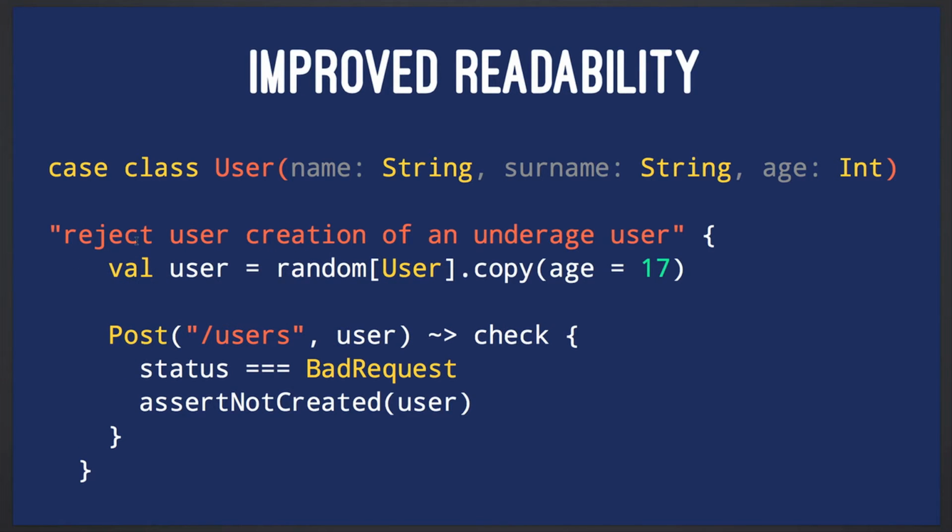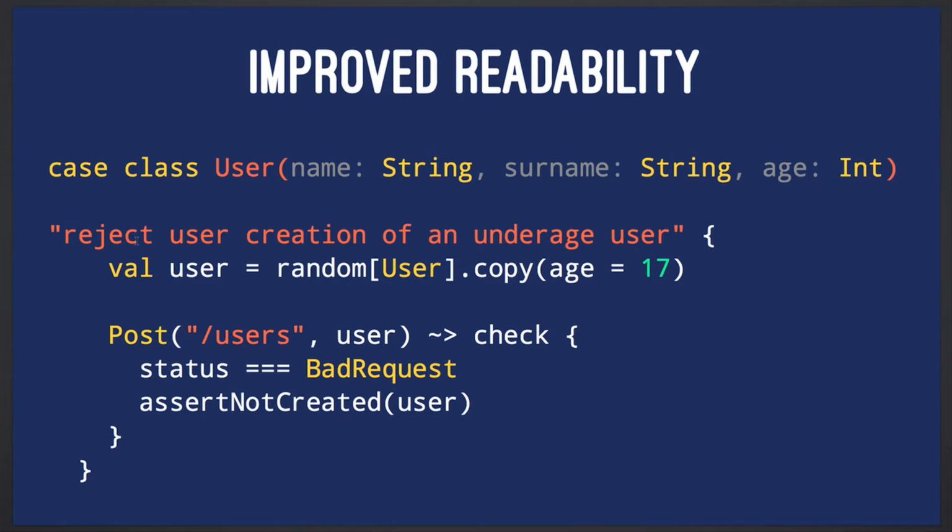Also, our tests became a lot more readable. When you have tests that highlight a specific issue in the data, like for example, this test makes sure that if you try to create a user that has an age below 18 or 21, since we are in the States, it will reject the request, and it will make sure that we didn't actually create the user in the database.